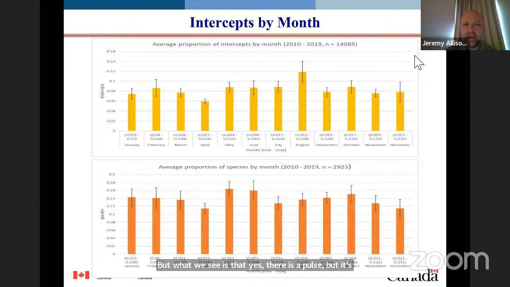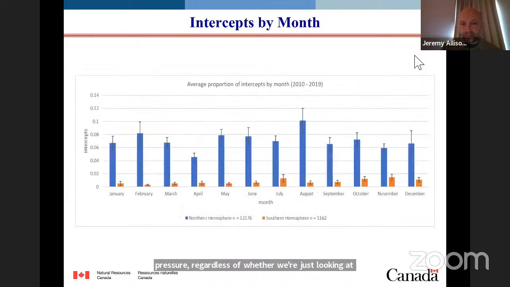There's a fairly flat propagule pressure across the calendar year. That's true both when you look at just numbers of intercepts and when you look at number of species. You could imagine that you might get lots of intercepts of one particular species, but that wouldn't be reflected if you just looked at the species level. But really what we see is fairly flat propagule pressure, regardless of whether we're looking at total number of interception events or number of species intercepted.